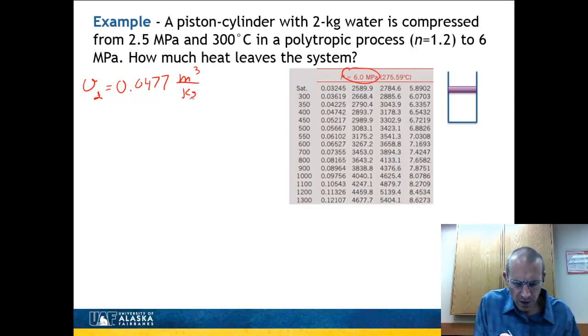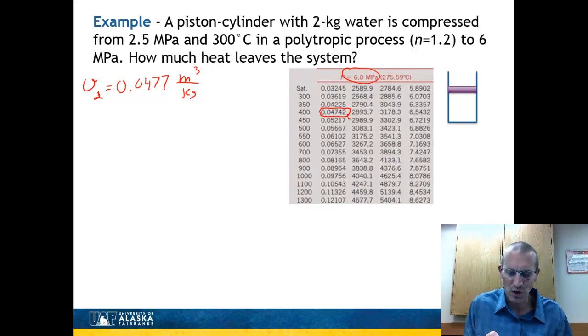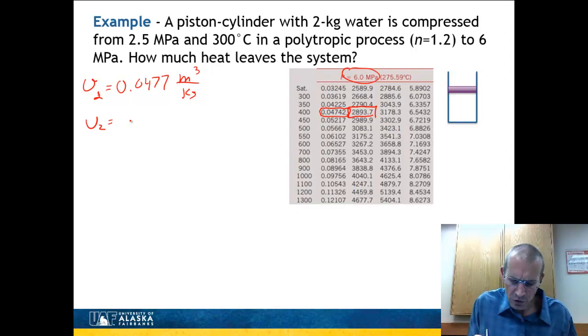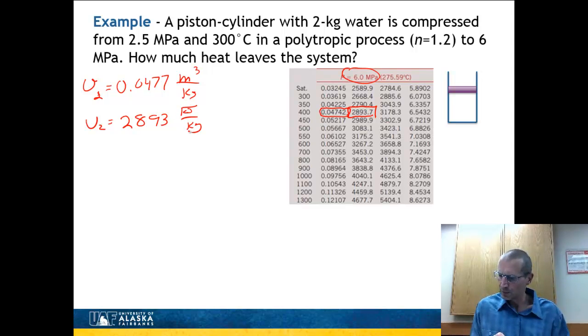Looking for 0.0477, and look, 0.0474. Oh, that's really close, within 1%. We'll just use that value. That's going to get us within 1% of our value. So now I can go right over here to get U2, and U2 is 2893 kilojoules per kilogram.